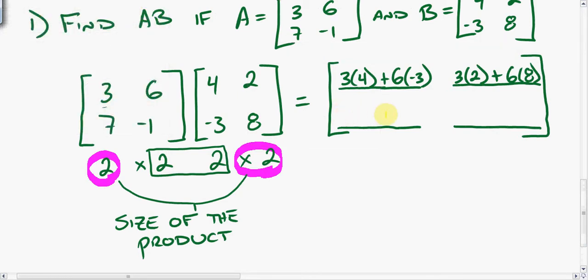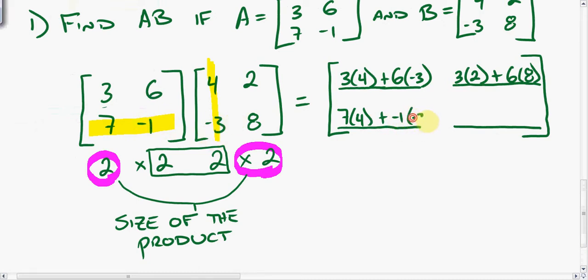Next I want this spot in the answer. That's in the second row, first column. So I need the second row and the first column. I'm going to multiply 7 times 4 plus the product of -1 and -3.